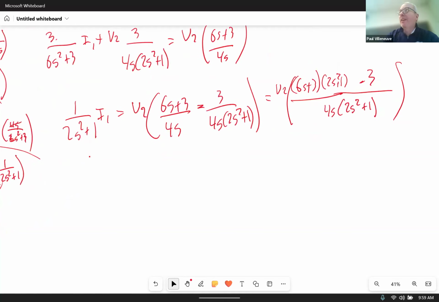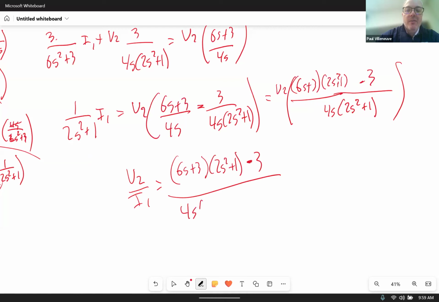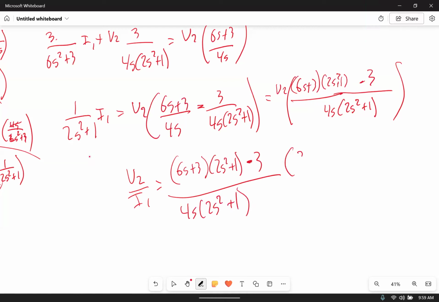And now I'm ready to do my transfer function, which is V2 divided by I1 is equal to, let's see, 6s plus 3 times 2s squared plus 1 minus 3 over 4s times 2s squared plus 1 multiplied by 2s squared plus 1.